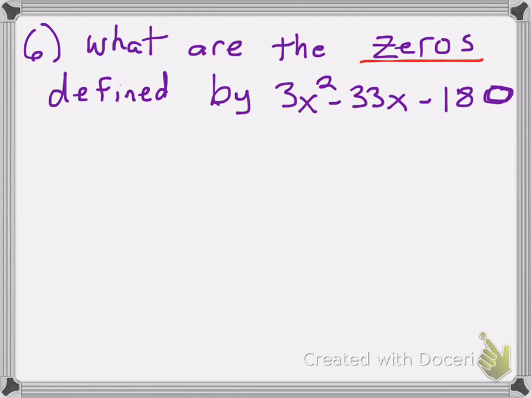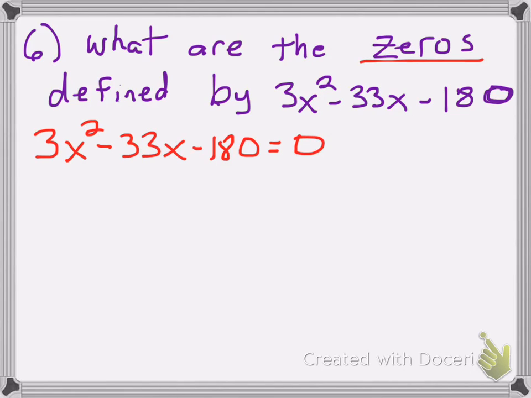What are the zeros defined by 3x squared minus 33x minus 180? As you're copying this down, I'm going to go ahead and get it started. I'm going to do what I've been doing for the past month and a half now: set it equal to 0.